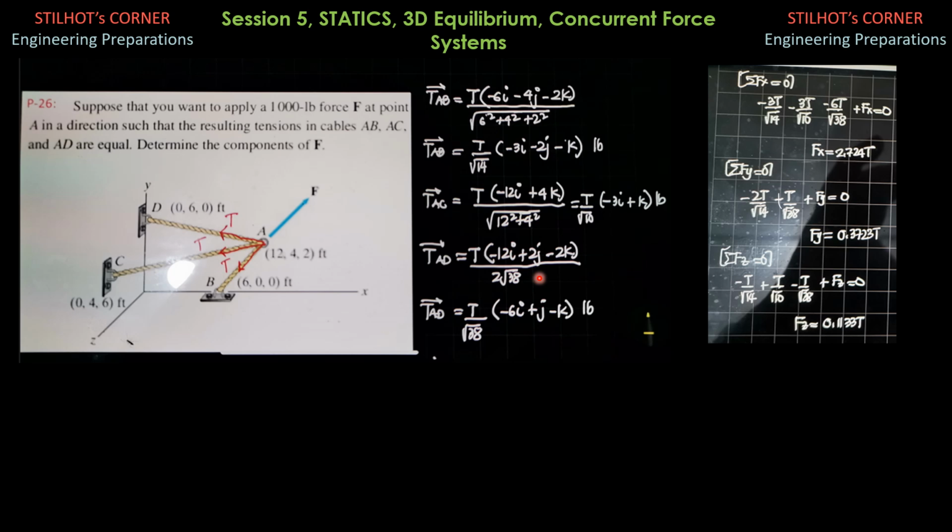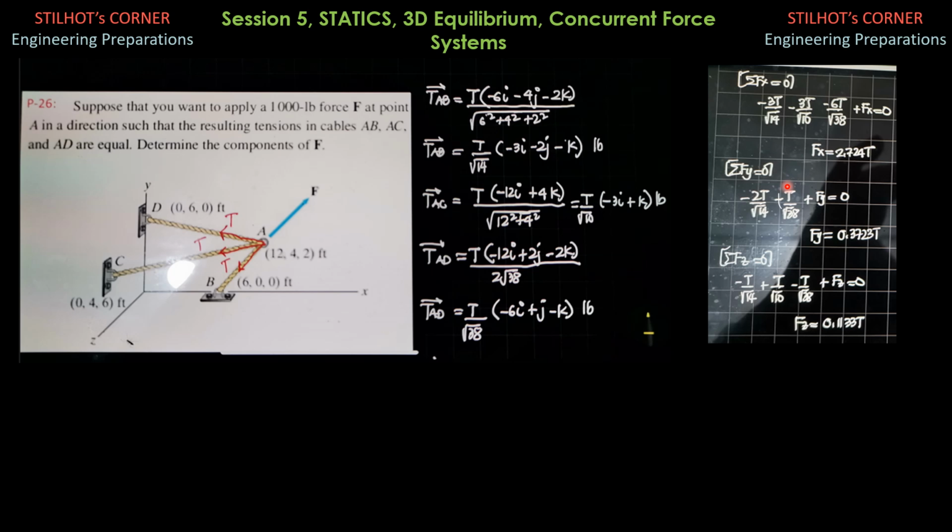For AB, it's negative 2t over square root of 14. For AC, it's none. For AB, it is t over square root of 38 equals 0.